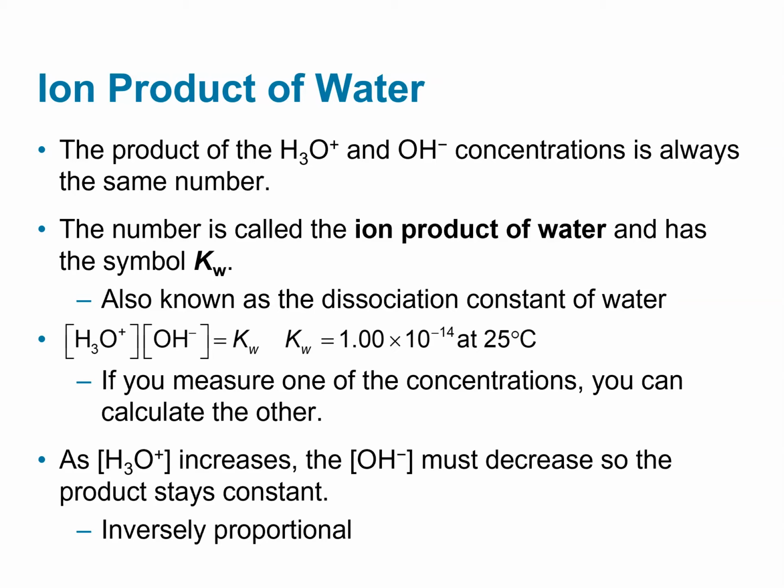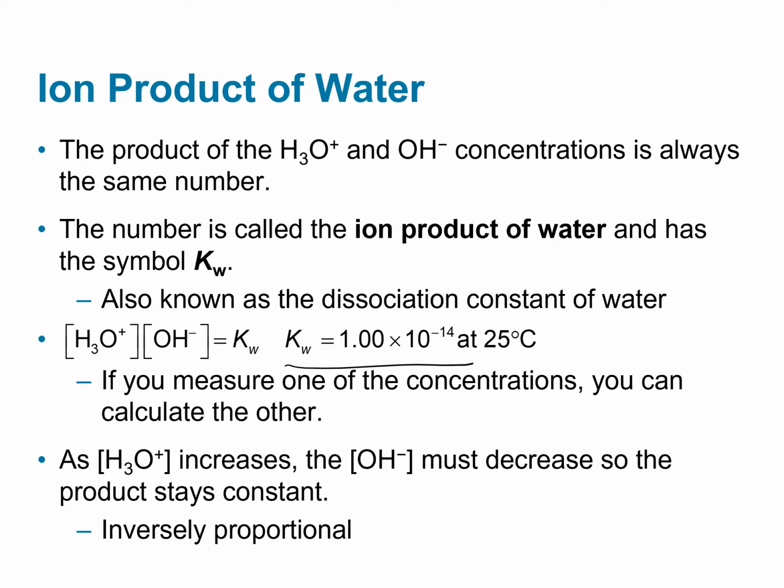So only our products, which are in aqueous form, get recognized in the equilibrium expression. So Kw is just our hydronium times our hydroxide, and this is 1.00 times 10 to the minus 14th. So this is a very important constant for you to remember.